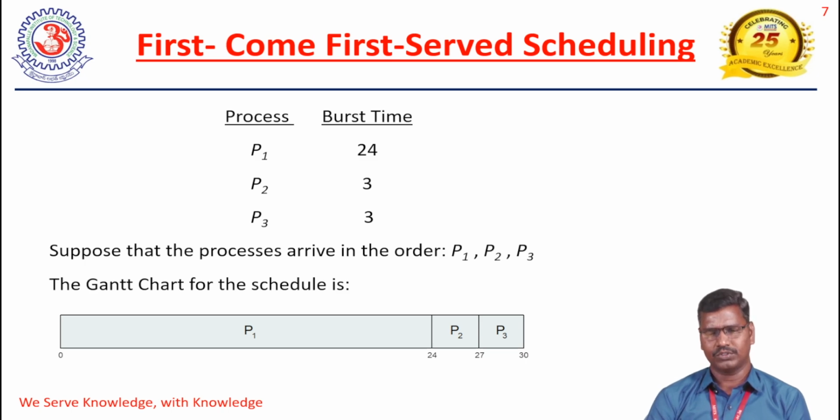The second process has 3 milliseconds only, so 24 plus 3, 27. That will also be used in the Gantt chart. Process P3 also has a burst time of 3 only, so 27 plus 3 is 30. Okay, so that will also be drawn in the Gantt chart based on the scheduling.